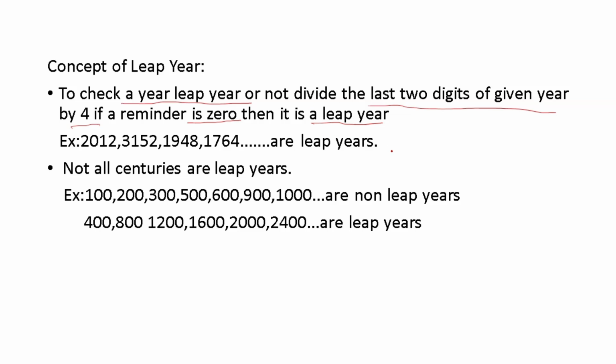Suppose we take the year 2022, then we take the last two digits 22 and divide by 4. Then 4 5s are 20. We have remainder 2. Then 2022 is not a leap year.